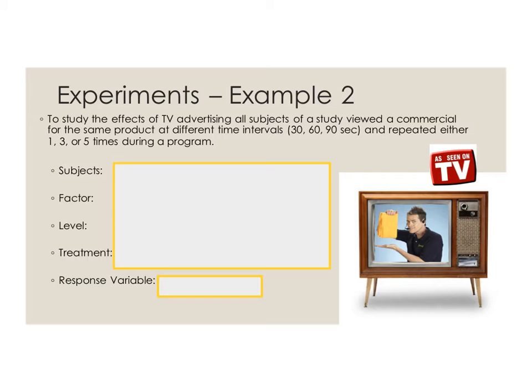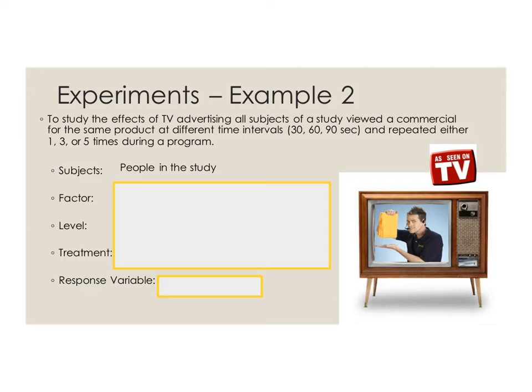Let's look at another example. To study the effects of TV advertising, all subjects of a study viewed a commercial for the same product at different time intervals for 30, 60, or 90 seconds and repeated either once, 3 times, or 5 times during a program. Well, we have our subjects. This would be people watching the commercial, right?